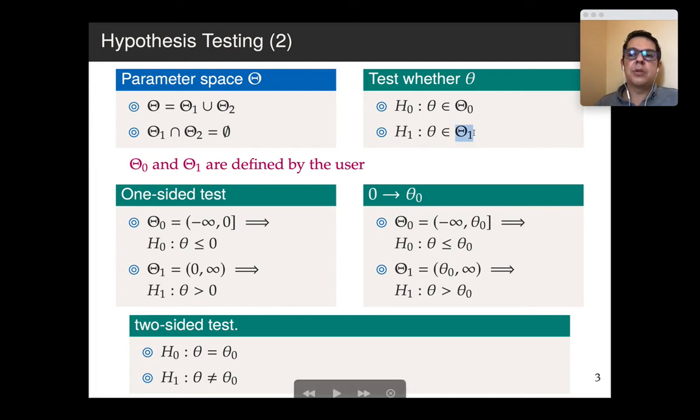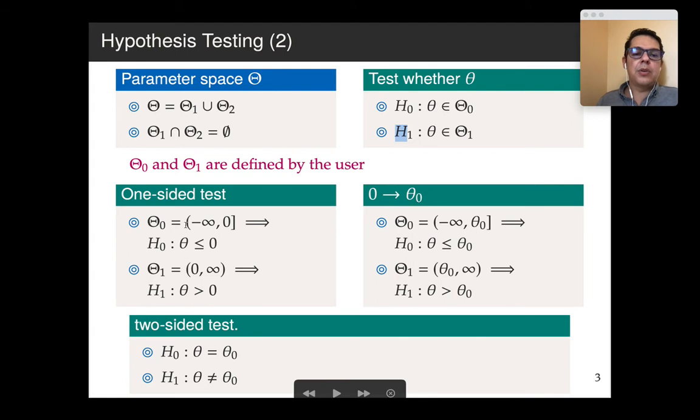That corresponds to the null hypothesis or the alternative hypothesis. It's important to mention that theta 0 and theta 1 are defined by the user, so you define the composition of these sets.